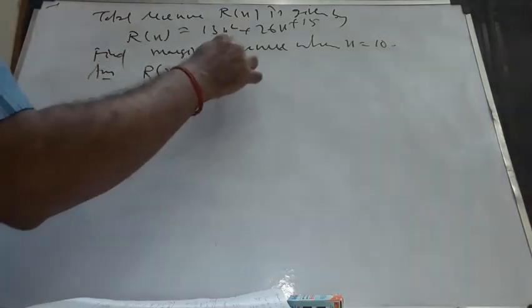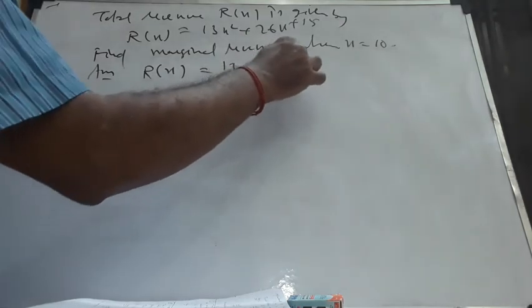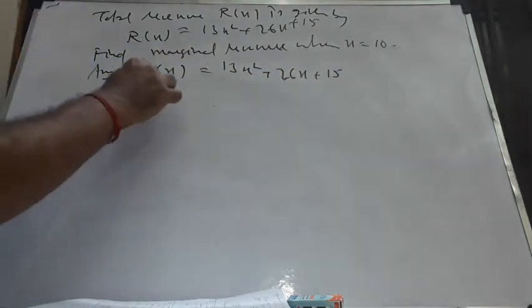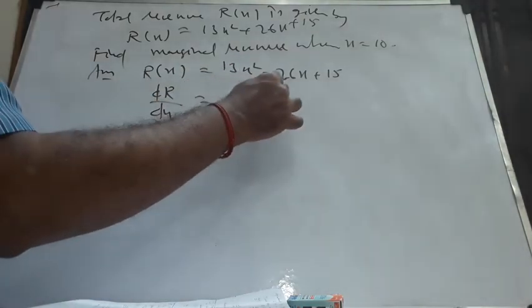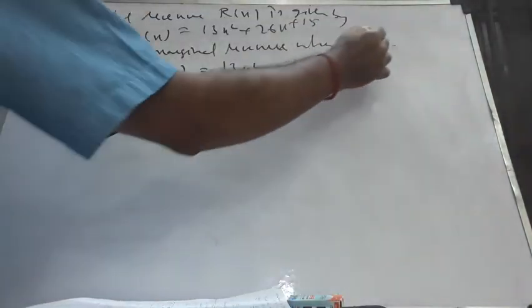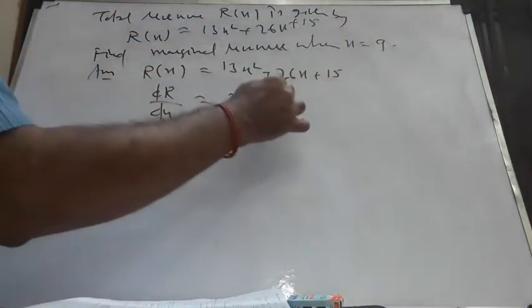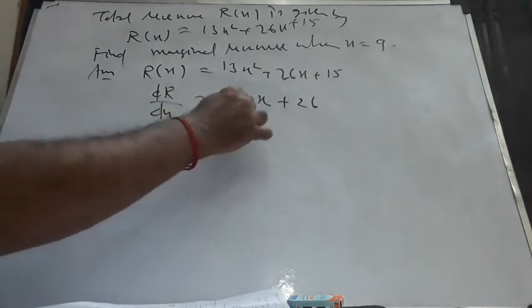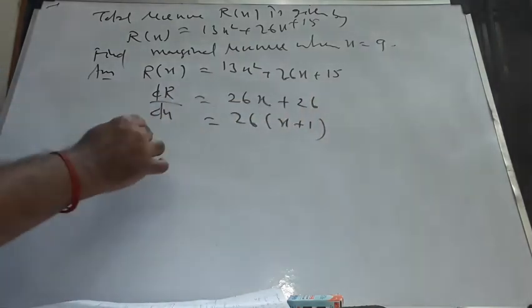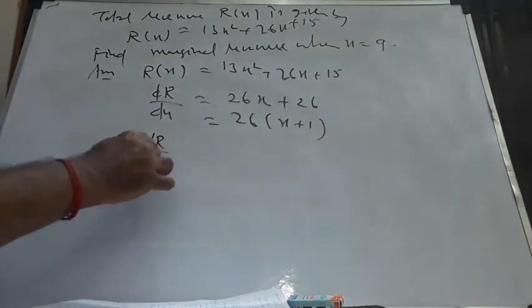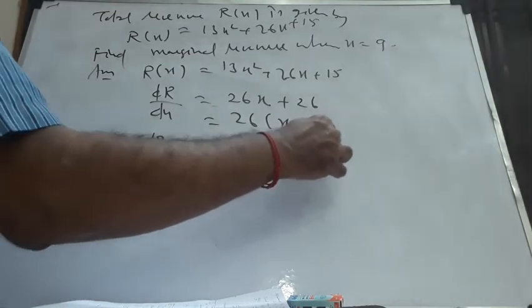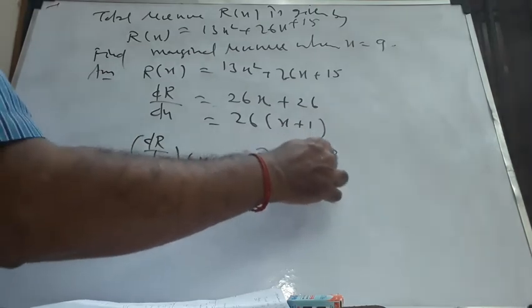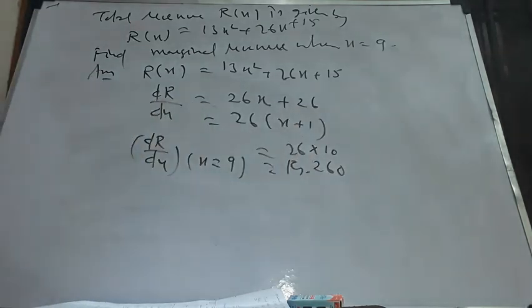R of x is 13x square plus 26x plus 15. Now dR/dx is 26x plus 26, which is 26 into x plus 1. Let me take x equal to 9, the calculation will be easier.